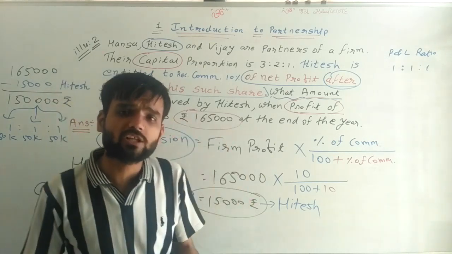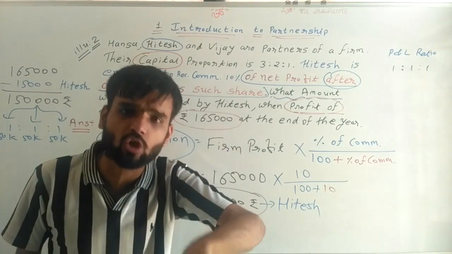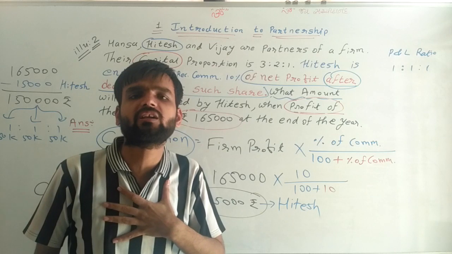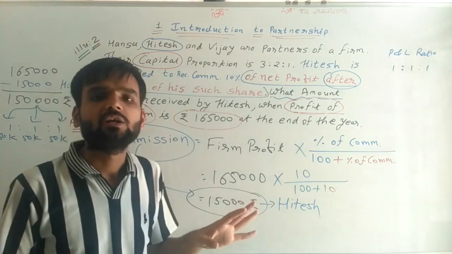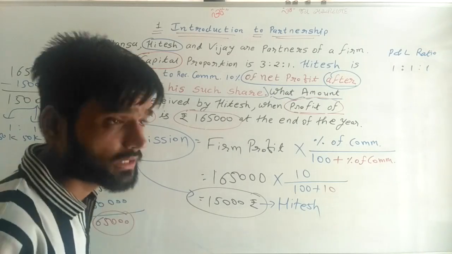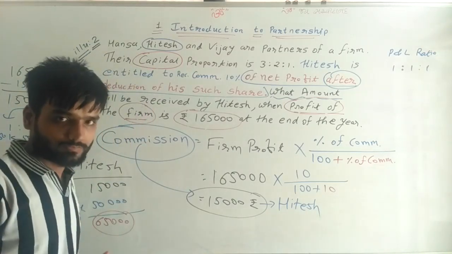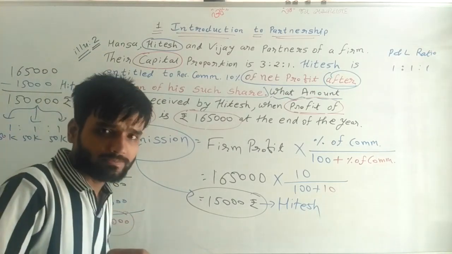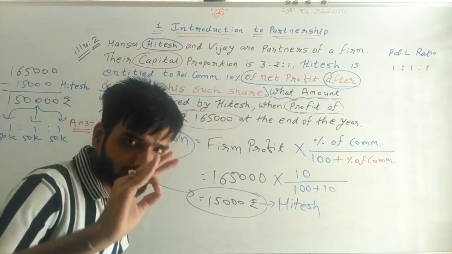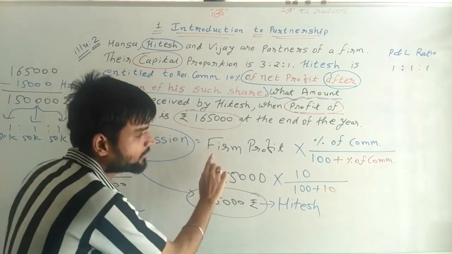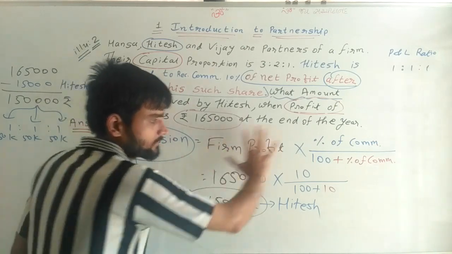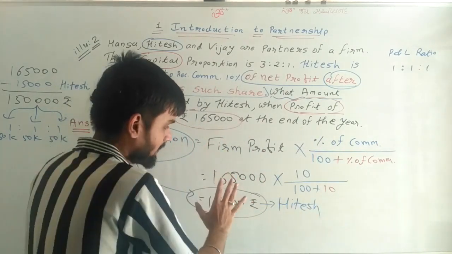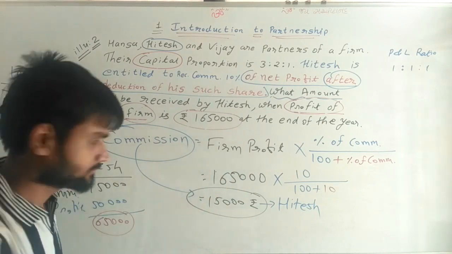Suppose divisible profit is available, then on that basis also I can calculate commission. This is basically for the commission calculation. Now, today I am clearing your concept of firm profit and divisible profit only. For that, I rub out this board.